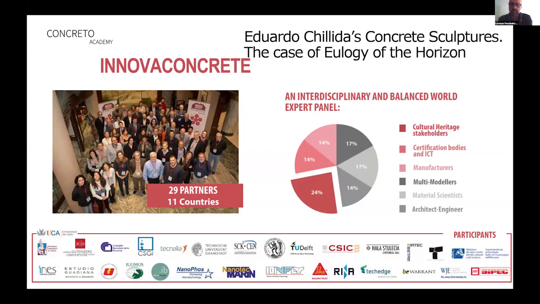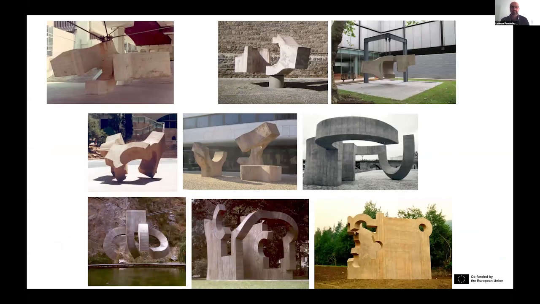Finally they chose 9 examples of sculptures and architecture, and one of them was one of the sculptures of Eduardo Chillida. These are some other examples of Eduardo Chillida in concrete.